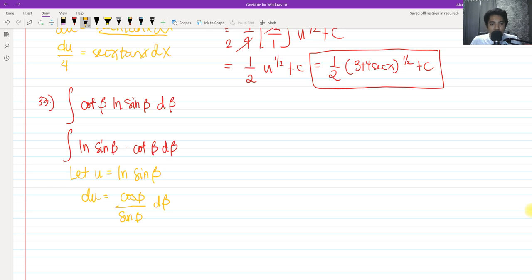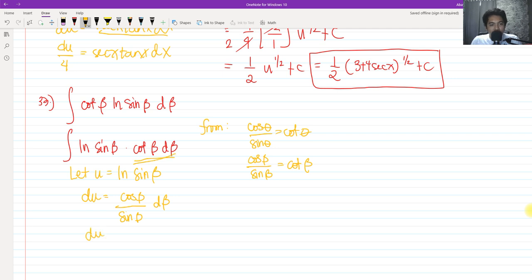Of course, from our trigonometric identity, we know that cosine theta all over sine theta is equal to cotangent theta. That is the same scenario with what we have gotten when we differentiate the u with respect to beta. That's cotangent beta. So cotangent beta d beta is here.